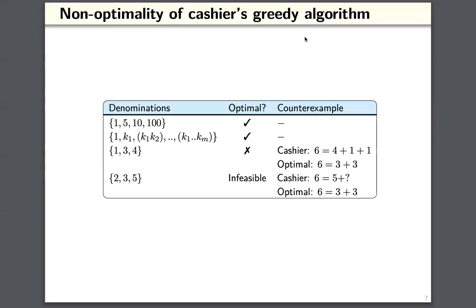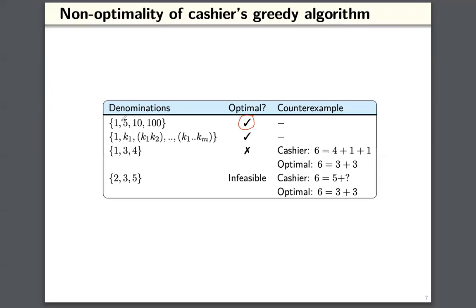For this example, you will definitely get the optimal number of coins, that is min coins. If the coin denominations are 1, 5, 10, 100, for any value of n, you will definitely get the optimal minimum number of coins.